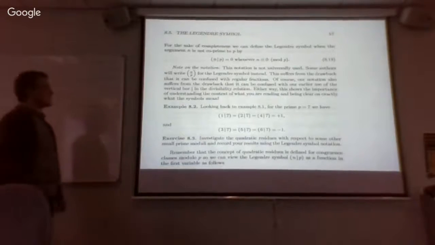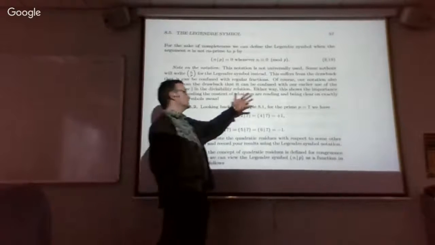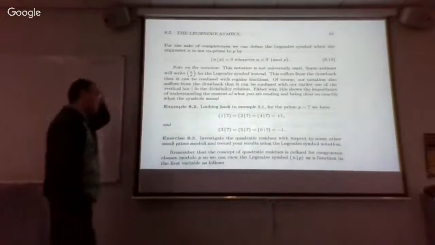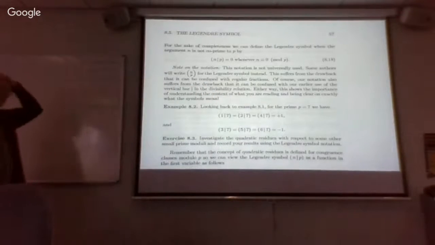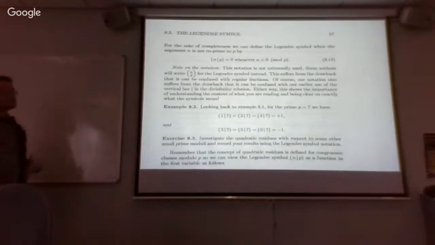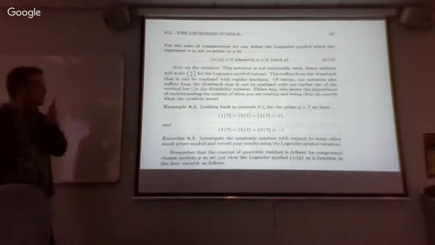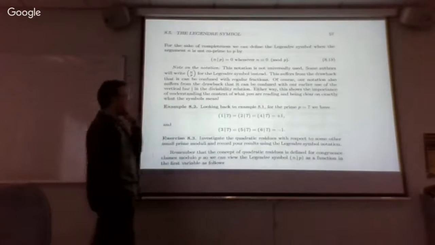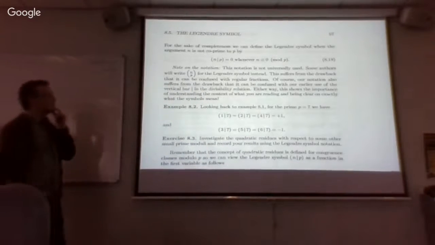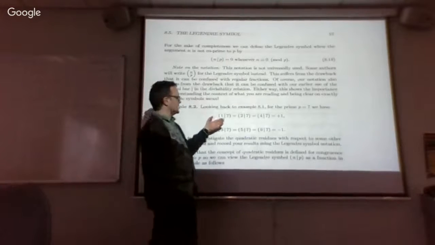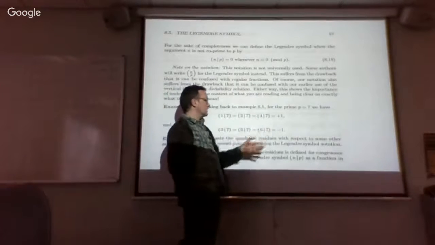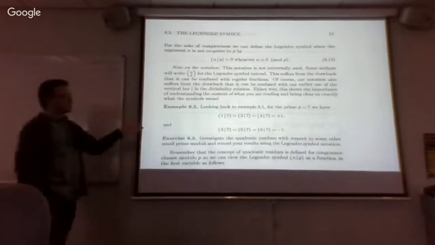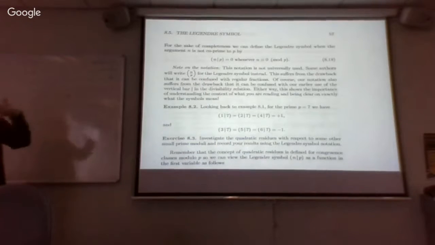Looking at some examples, if we think back to the prime p equals 7, there are 6 congruence classes, 1, 2, 3, 4, 5, 6, and we found that 1, 2, and 4 were quadratic residues, and 3, 5, and 6 were not. So you would record that by saying any of these Legendre symbols is plus 1, and any of those Legendre symbols involving 3, 5, and 6 has to be negative.